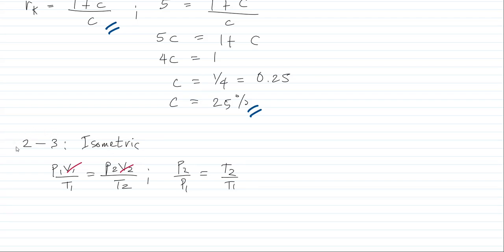But since we are dealing with process 2 to 3, let us change our initial pressure P1 to a subscript of 2, and our final pressure, which is 3, to a subscript, our 2 here will become 3. Okay? So let us just apply it to the points. Therefore, this can be written as P3 over P2 is equal to T3 over T2.